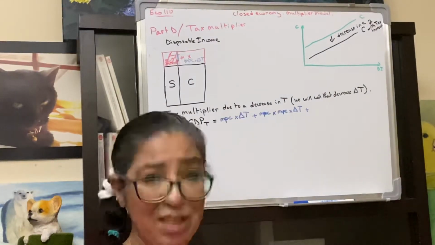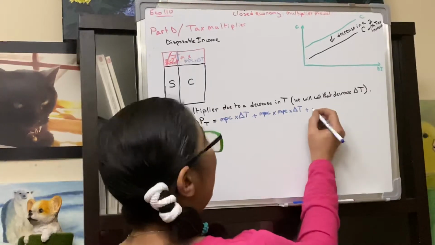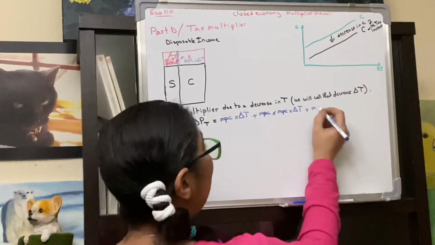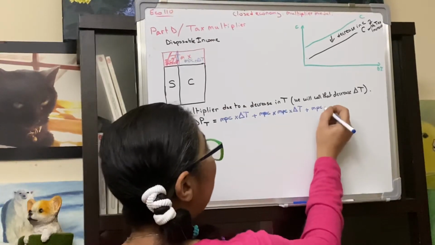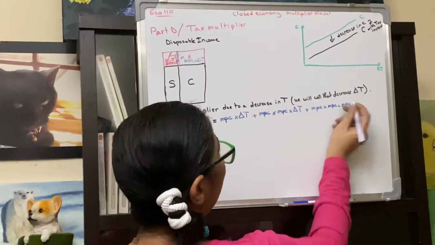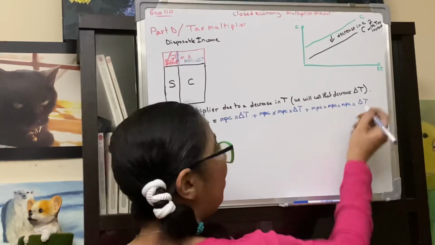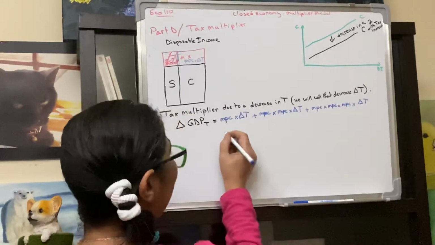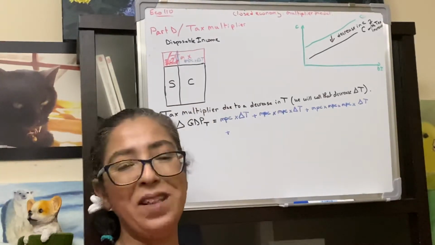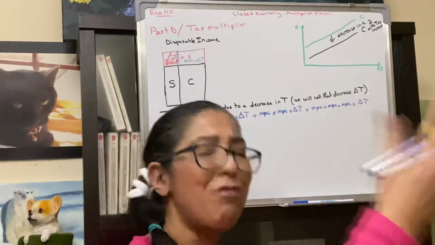Again, consume MPC of it, consume meaning buying, so it has to be in the GDP: MPC times MPC times MPC, three times, of delta T. Plus, that person again is going to consume MPC of whatever they received.